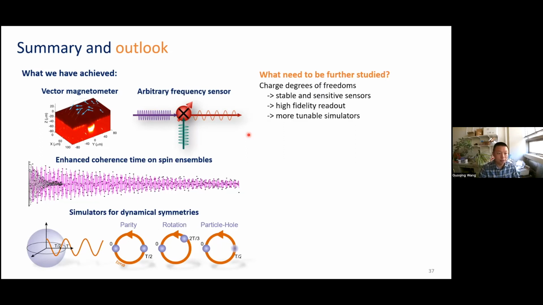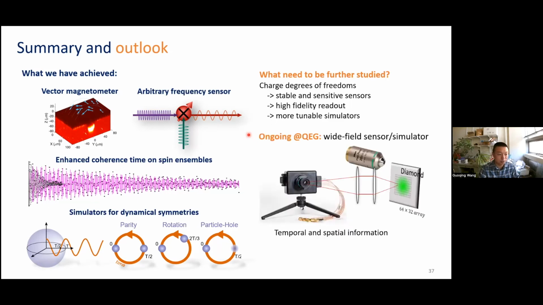On the one hand, the charge degree of freedom will influence the stability and the sensitivity of your quantum sensor. On the other hand, once such a degree of freedom can be used as a tunable knob, we can achieve more benefits, such as high fidelity readout of the spin state, or even more tunable simulators with tunable interactions in your simulation systems.